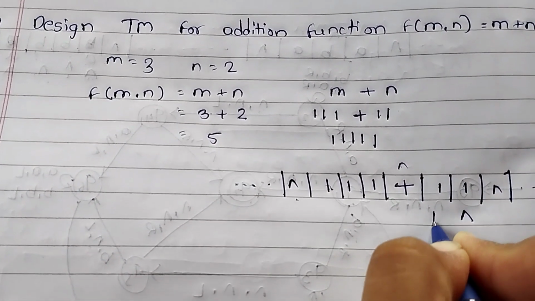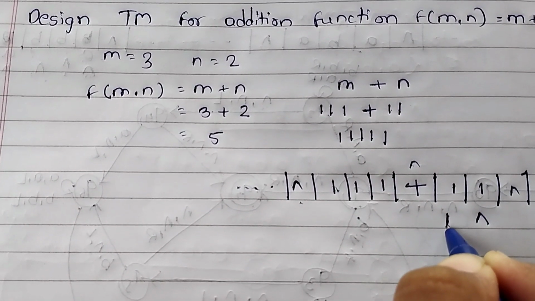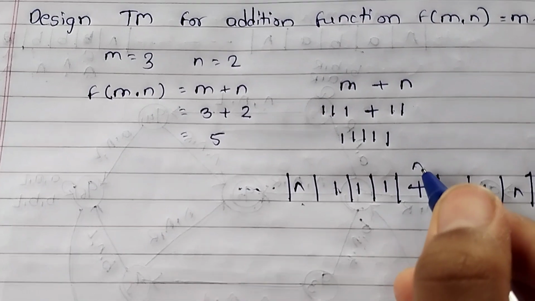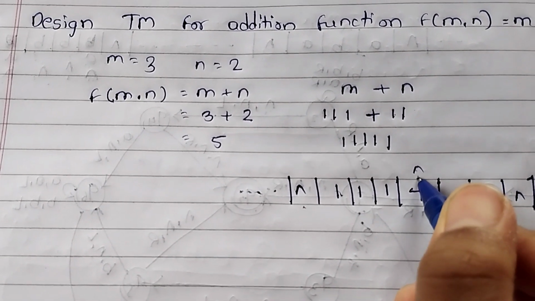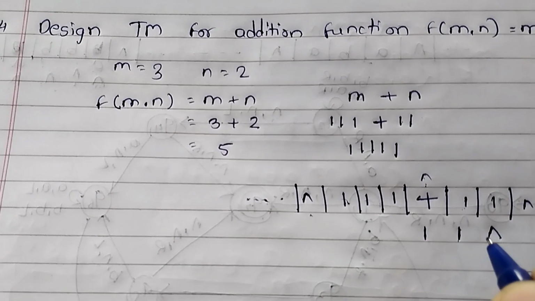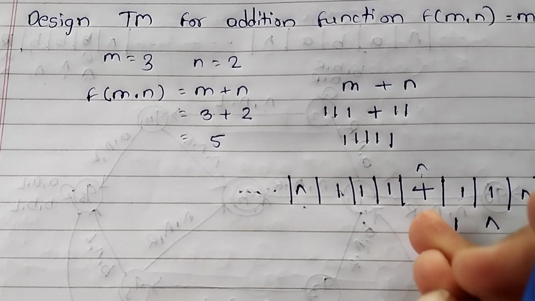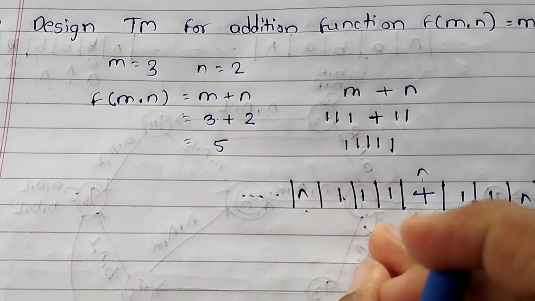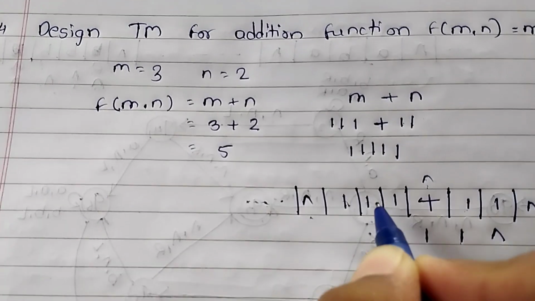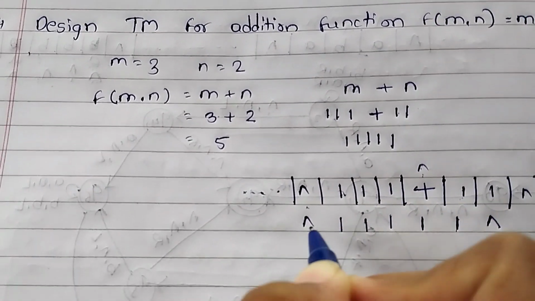We convert the current symbol to the previous symbol. Now we write here 1 newly. Then we move ahead to the left side. Now here we read the null. We convert this null to the previous symbol, means 1. When you read the null, then all the remaining symbols at the left side of the null value are kept as it is, this 1, this 1, this 1, and now this null.